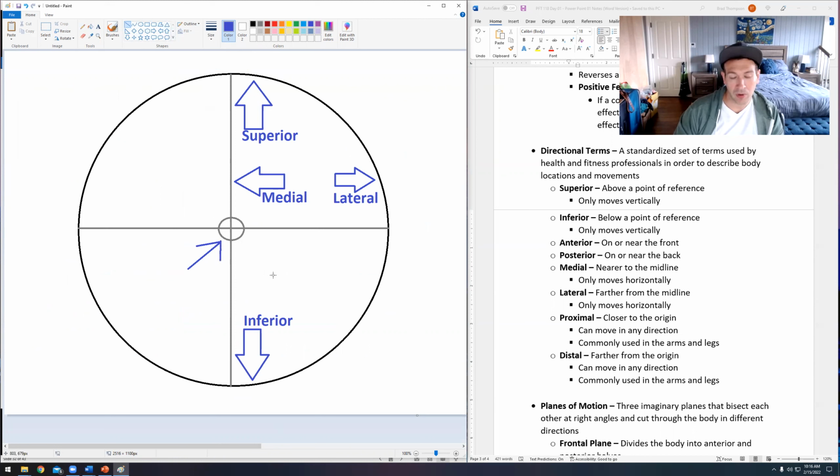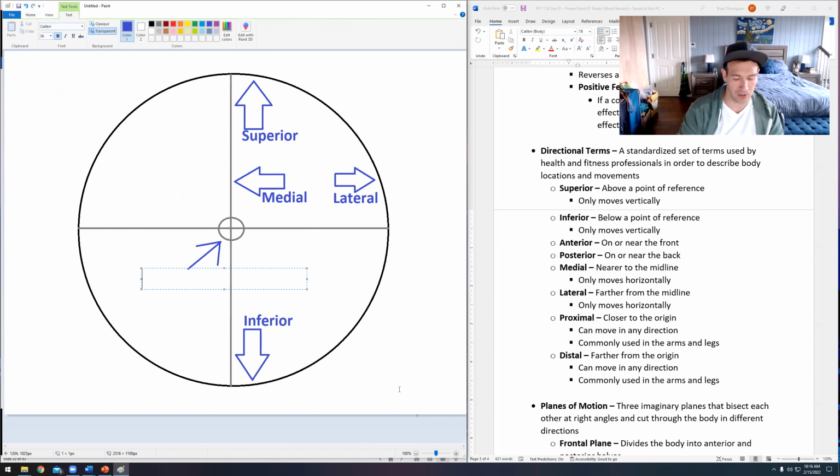Proximal works in a couple different directions simultaneously. It's just going towards the center. In this version, because I was below and off to the side, I'm going a little bit superior and a little bit medial at the same time. I'm going towards the center. That's proximal.